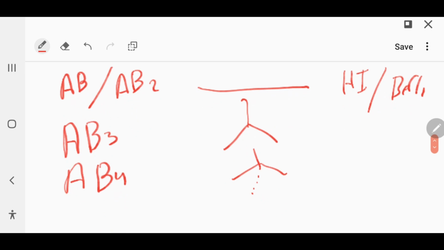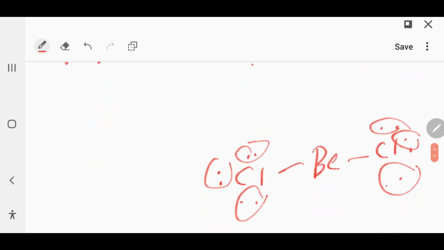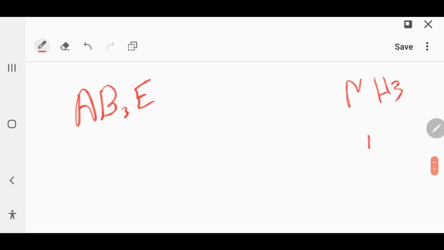Now, the other cases when we have an unshared pair of electrons, like for example, AB3E, like in NH3. This is the shape of NH3. We have a pair here.